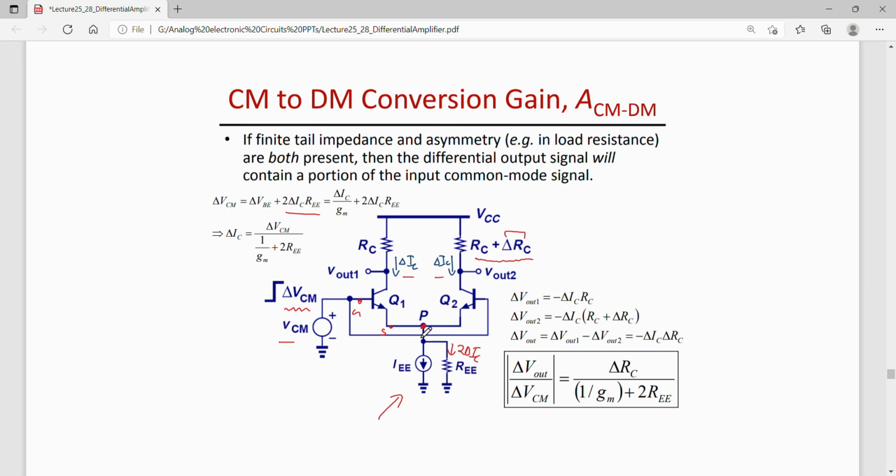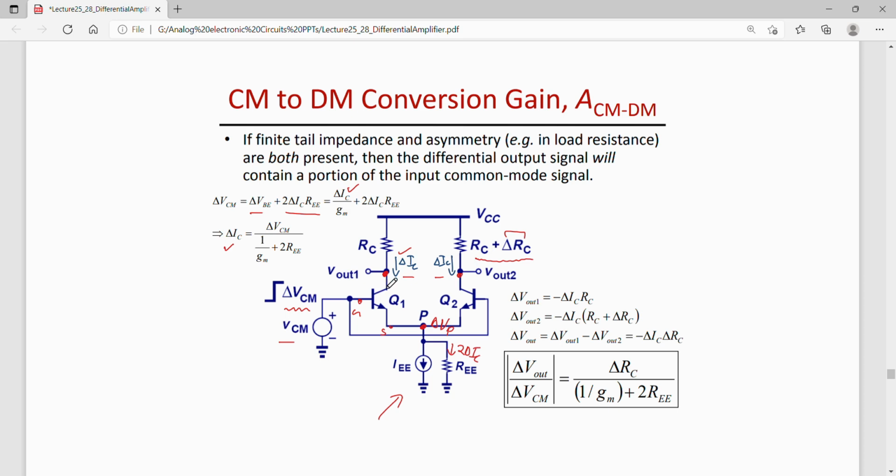So that is delta VP. So this is not 0. So delta VP is this much, 2 delta IC REE. So I can write delta VCM as VBE plus 2 delta IC REE. Then VBE can be written as delta IC by gm. Okay. And from here I can find out delta IC. And if I know delta IC, then I can find out Vout1 and Vout2 also.